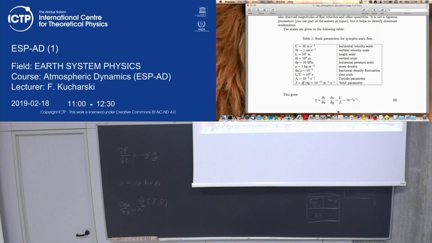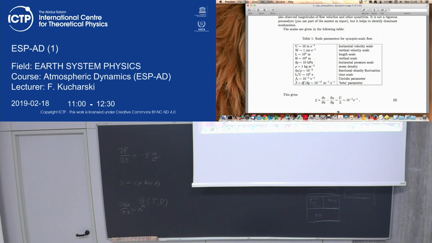This length and the velocity scale lead us to a time scale. So we can prescribe either this time scale or the velocity, given that we have this length scale fixed. And that is about 1 day. It's a typical time scale where things evolve in our large scale, in this case extratropical flow.